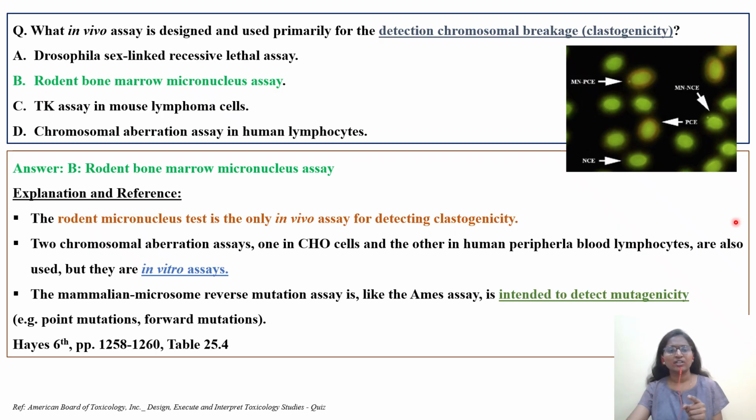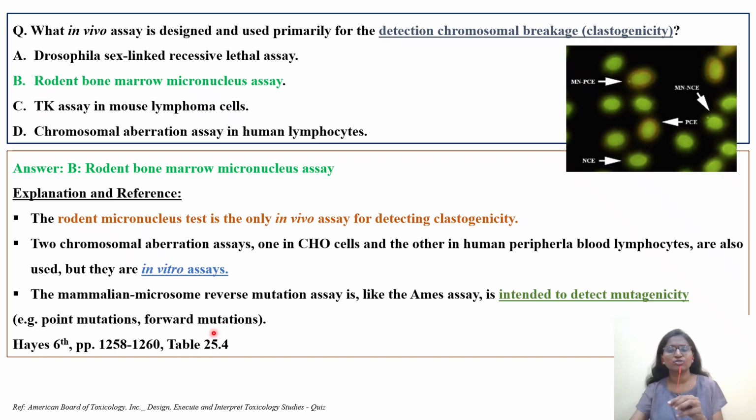Next, the mammalian microsome reverse mutation assay, like the Ames assay, is intended to detect mutagenicity. You have to always remember that the Ames assay identifies mutagenic damage, and the micronucleus assay identifies clastogenicity. Examples are point mutations and forward mutations.